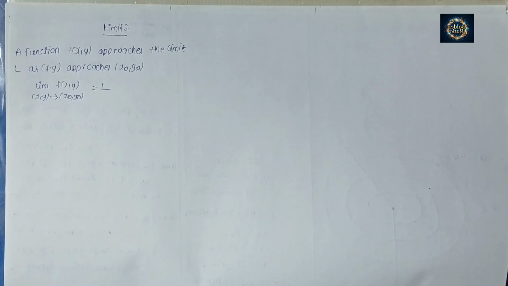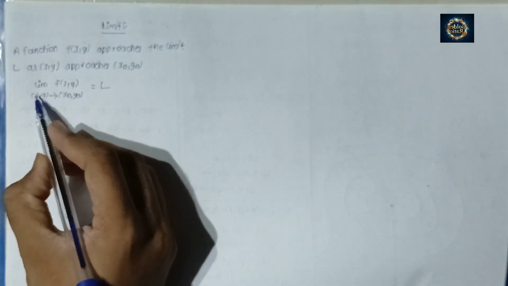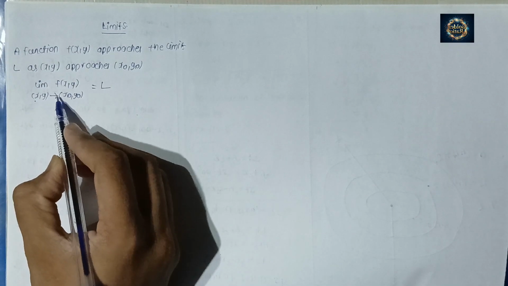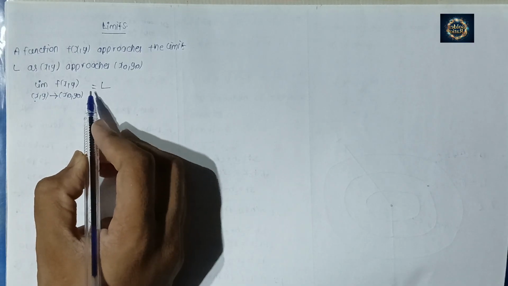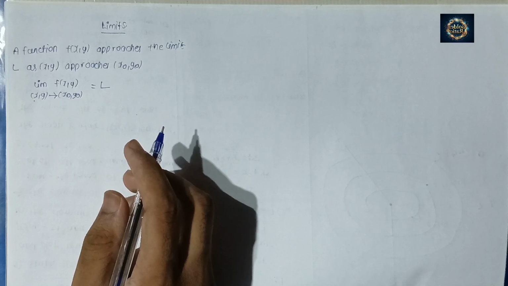There is no complicated topic here. I can simply say the limit is the value of the function's output as the input x comma y gets closer and closer to a specific number. This notation represents x comma y approaching, or getting closer and closer to, x naught and y naught. So this is the definition of the limits.